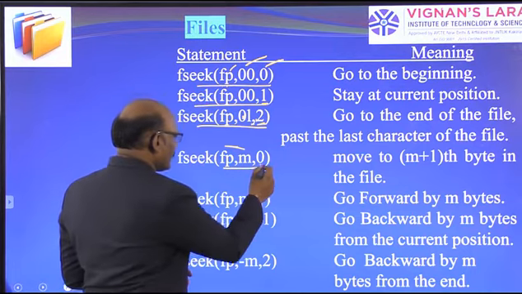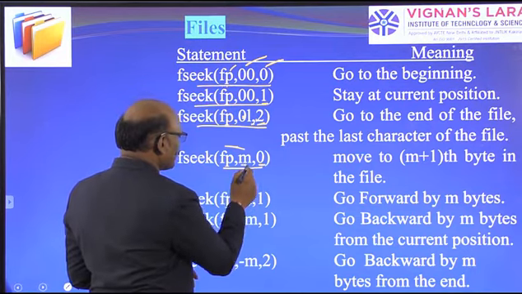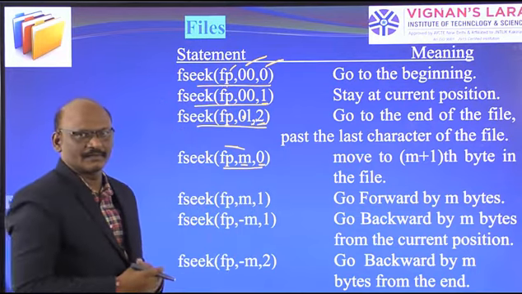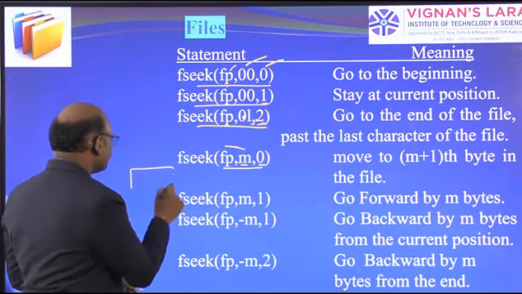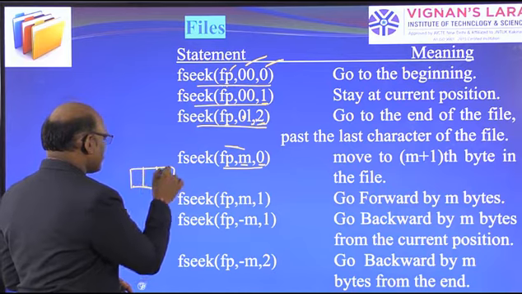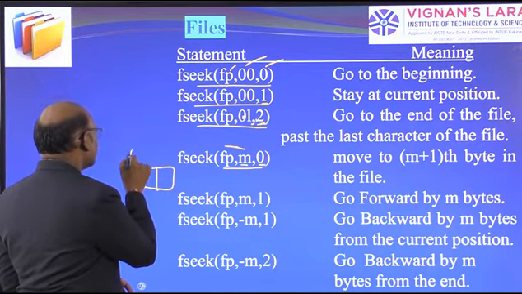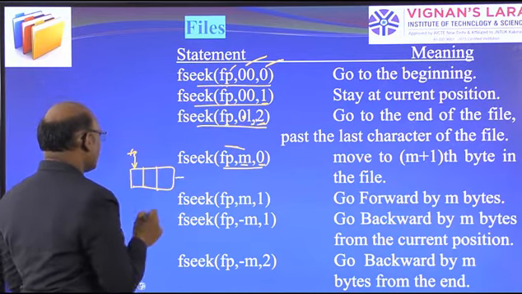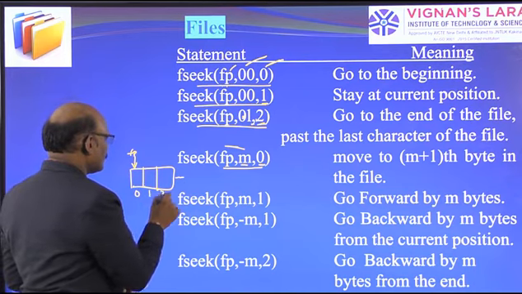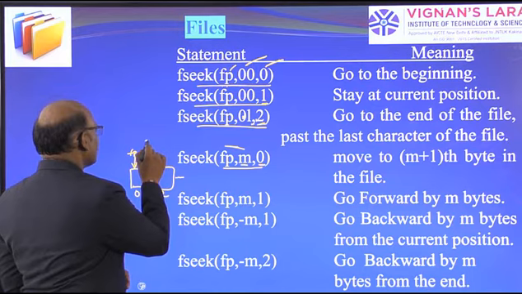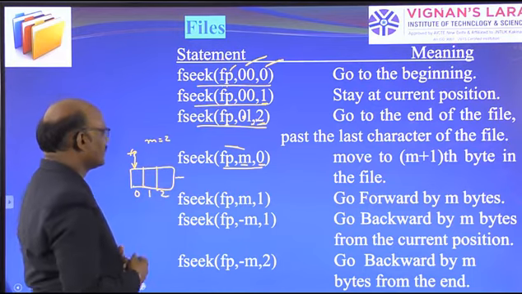From the beginning, we can move the file pointer m bytes forward, from the 0th position. For example, the file pointer initially points to index 0, then 1, 2 and so on. Suppose m value is 2.